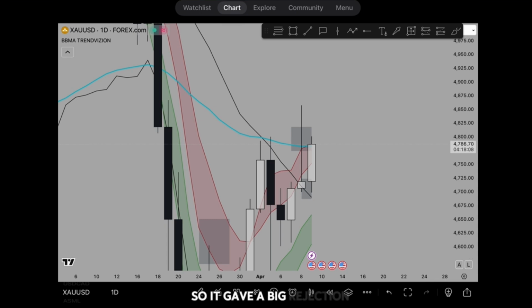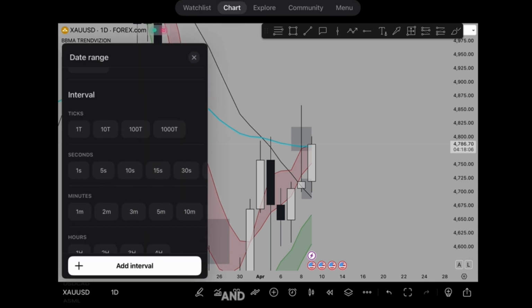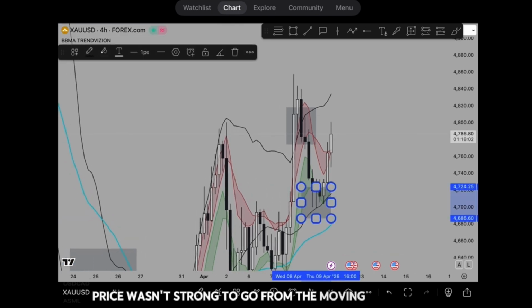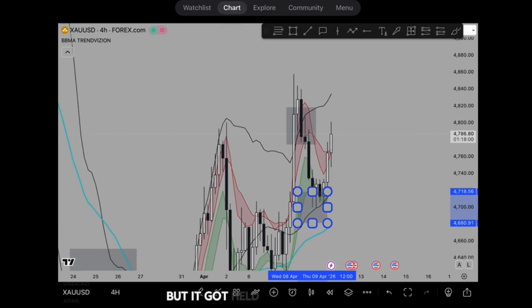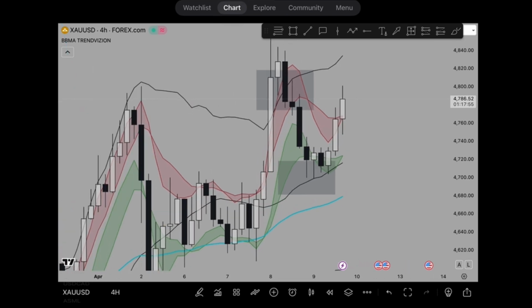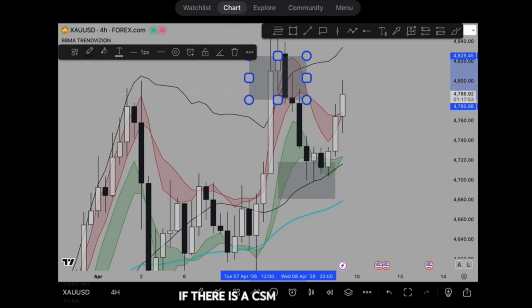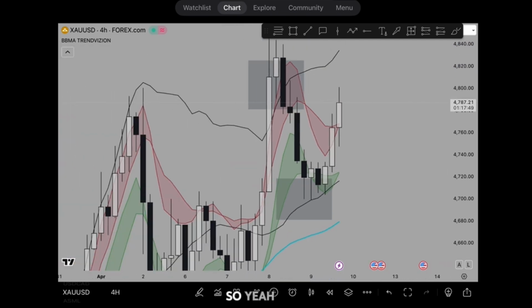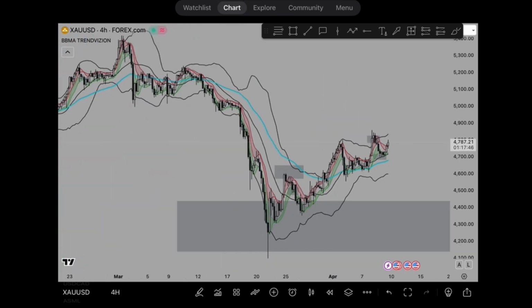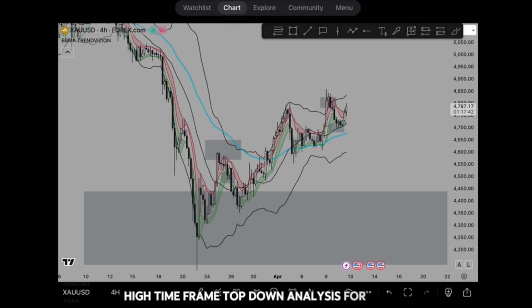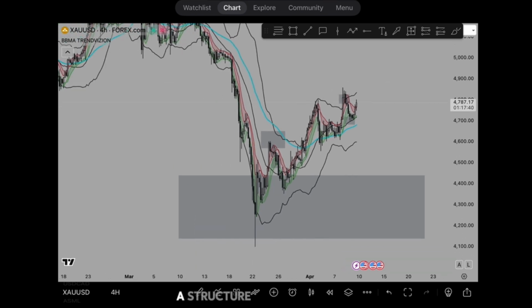So it gave a big rejection, and apparently price wasn't strong enough to go from the moving average low, but it got held at the mid BB area, which is also a re-entry area if there is a CSM or maybe CSA. So yeah, this is basically high time frame top-down analysis for the BBMA structure on gold.